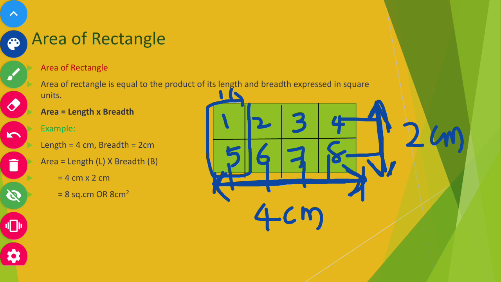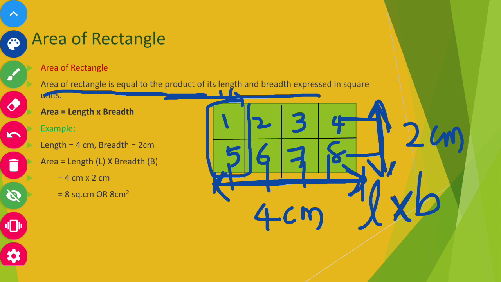So area of the rectangle is equal to the product of length and its breadth. Product means multiplication, expressed in square units. So what is the formula for finding the area of the rectangle? Length into breadth.